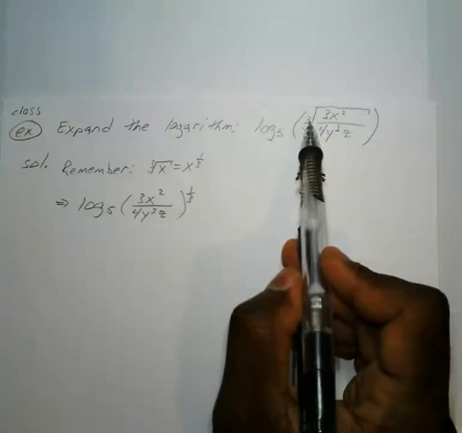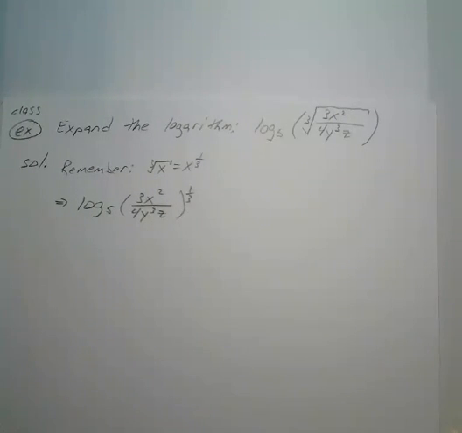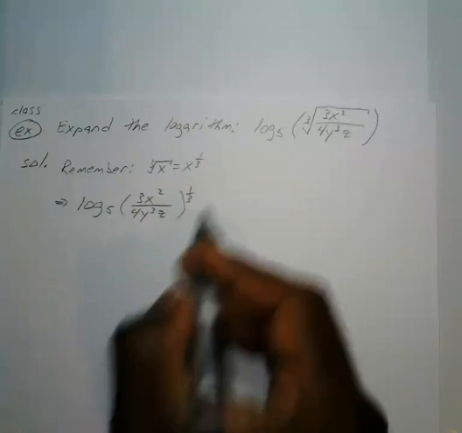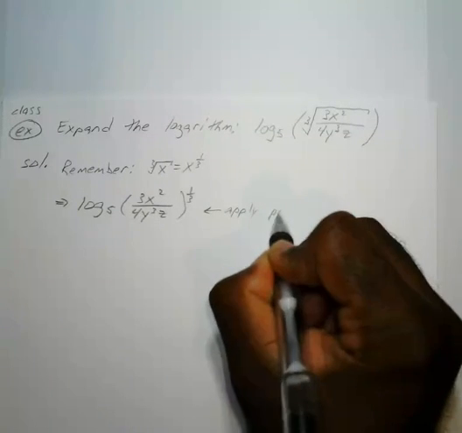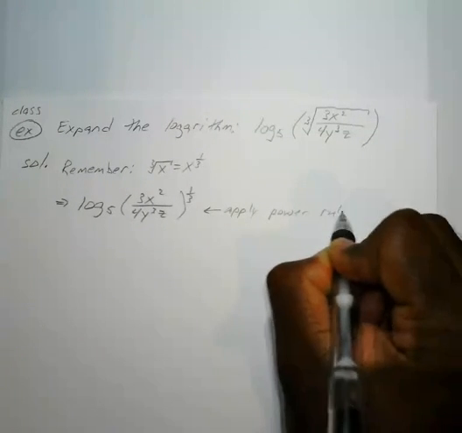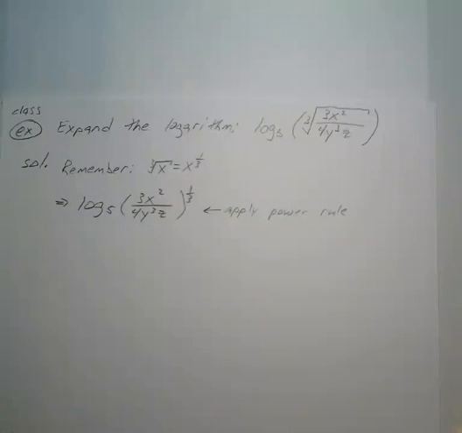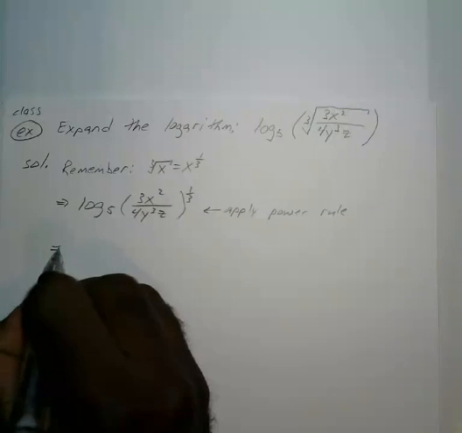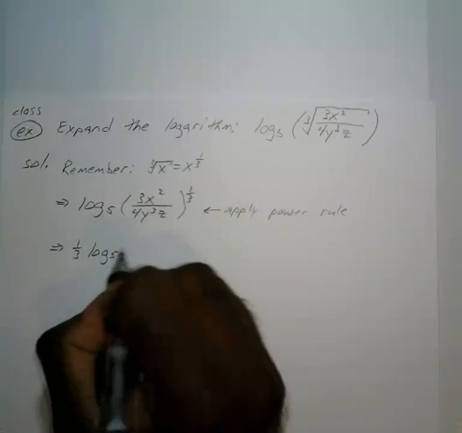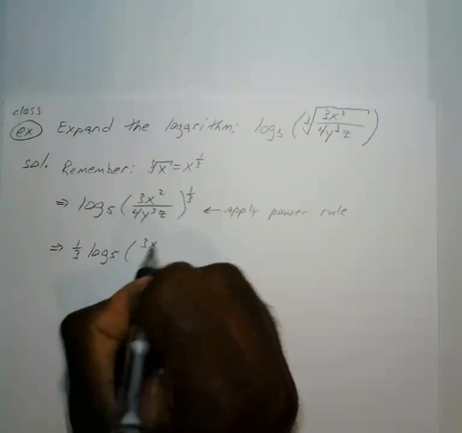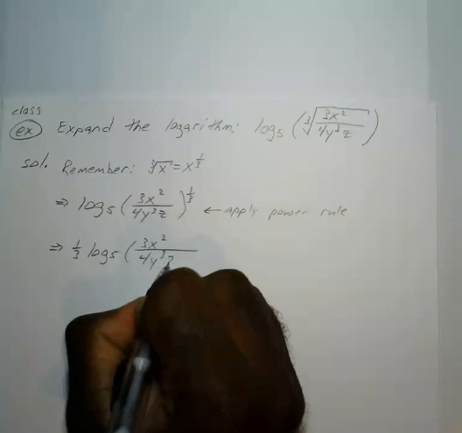All we did was take the cube root of all of that and make all of that to the 1/3 power. Now we can apply the power rule, so that exponent comes down to the front. That gives us 1/3 times log base 5 of 3x squared over 4y to the third power times z.